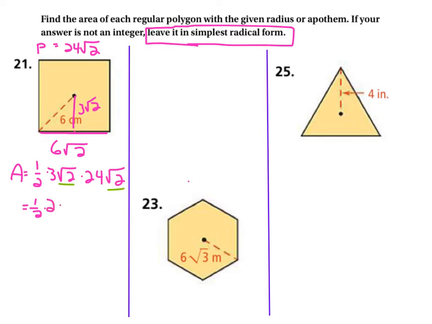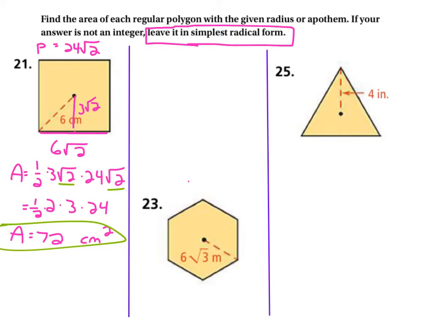So then you've got 2 times 3 times 24, the coefficients. And when we do that on the calculator, all that multiplies together to be 72. And the area of this is 72, and they give us the units as centimeters, so centimeters squared will be the units because it's area.